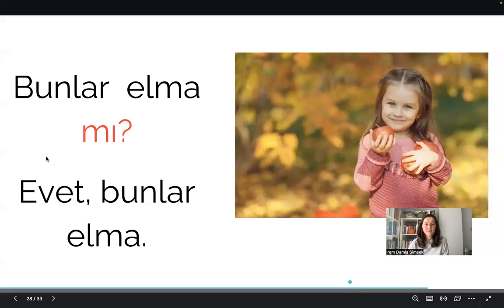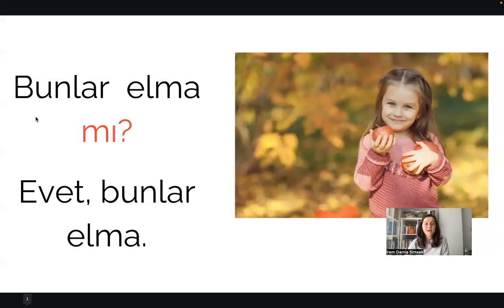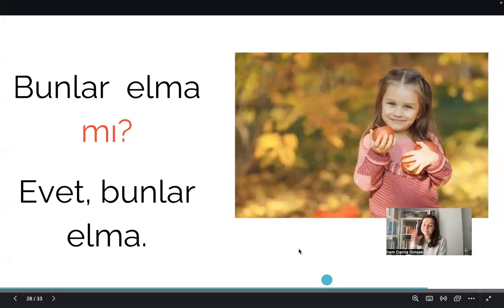Do you have any ideas? Yeah, the reason is the final sound. You have to decide if it's mı or mu according to the final sound. Again, you need to know the vowel harmony.